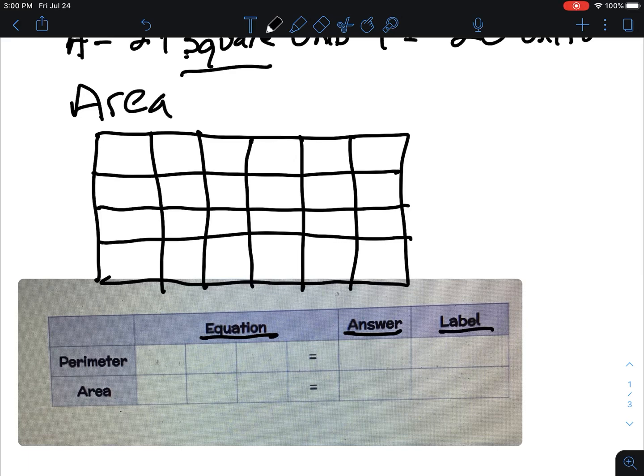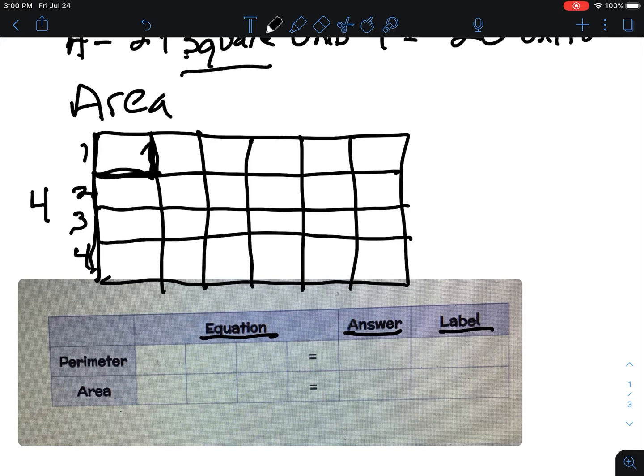Well, because here's the thing. Area is the measurement of everything inside the rectangle. All right? And you can divide up a rectangle into square units, basically a bunch of squares. So if this is your rectangle, you have 1, 2, 3, 4 squares going down.